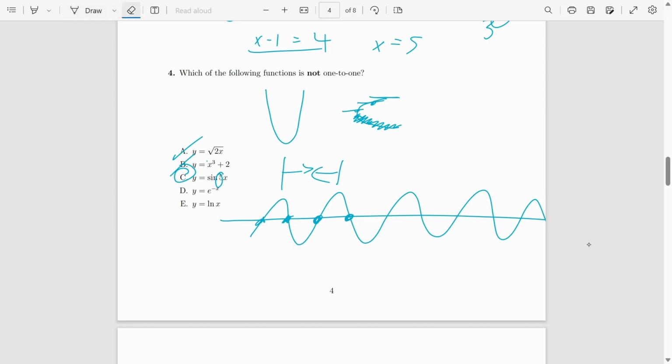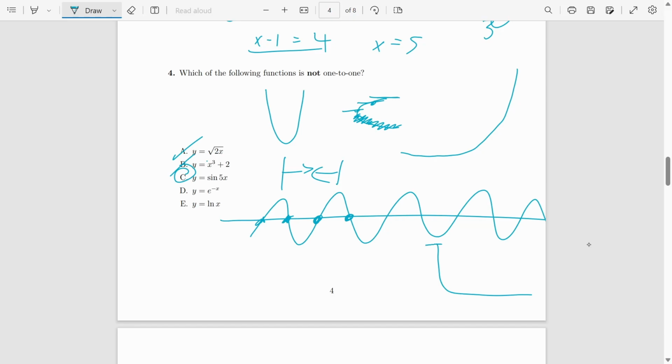Since this is more of an abstract problem, let's also run through D and E so we know we have the right answer. e to the negative x, well, we know a regular e to the x looks like this, and e to the negative x, I believe you just, yeah, that's just this.